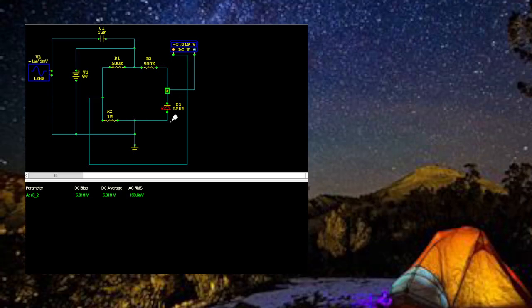No, that's 5 volts across the diode, reverse bias, isn't it? I'm measuring from ground. I've got a 5-volt difference between those 2 points.